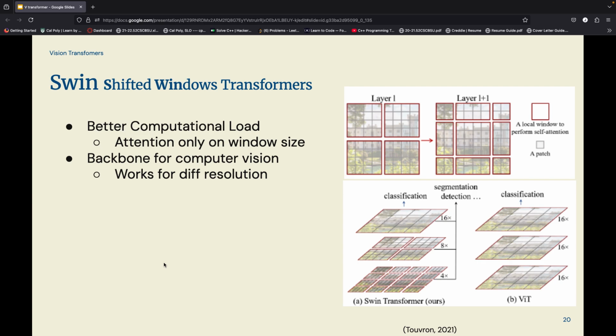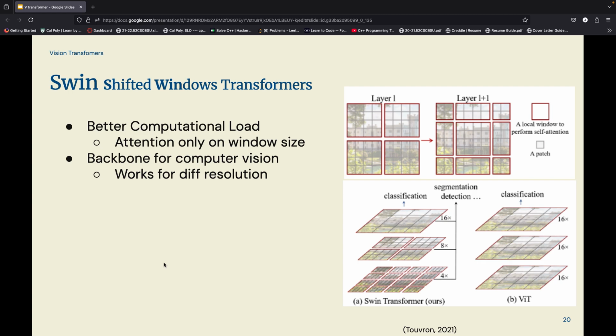So with the shifted windows approach, we only perform attention on a local window instead of the whole entire image. So you're not doing attention on the whole image for every patch.